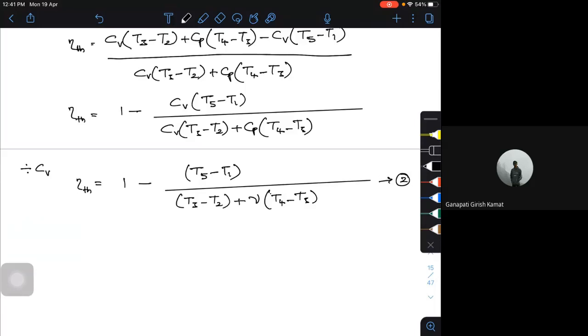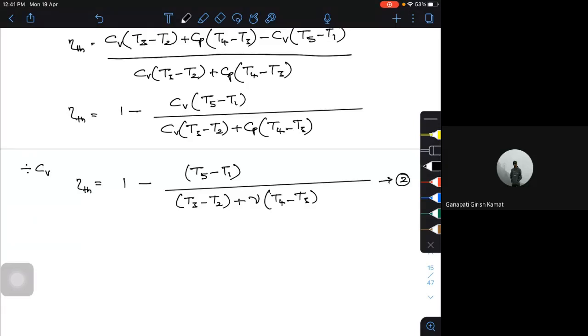So we can obtain the expression for thermal efficiency in terms of compression ratio, expansion ratio, pressure ratio, and cutoff ratio by substituting for temperatures T1, T2, T3, T4, and T5. What we did in the dual combustion cycle, in a similar fashion we can obtain here also.